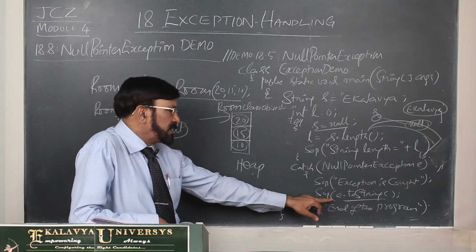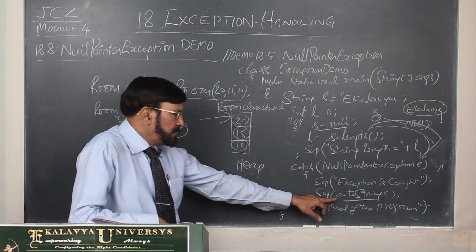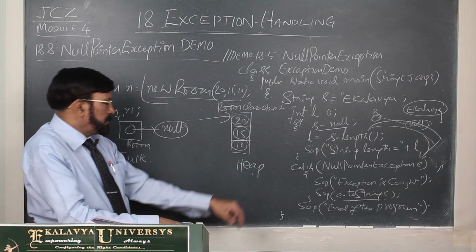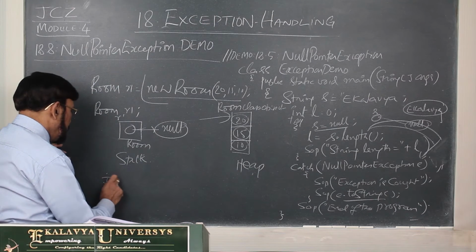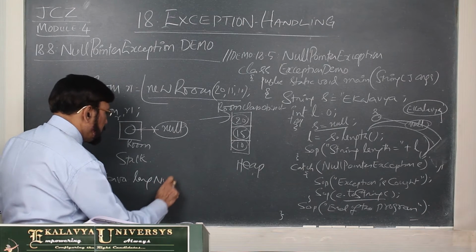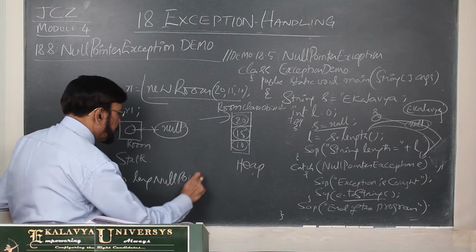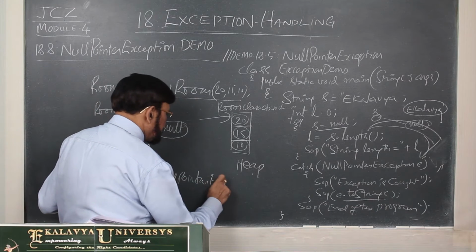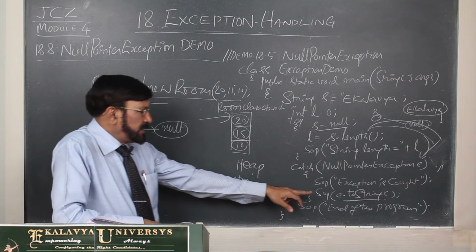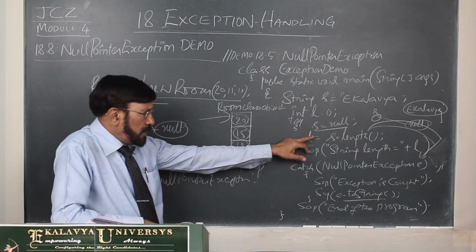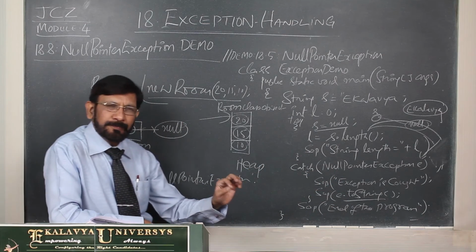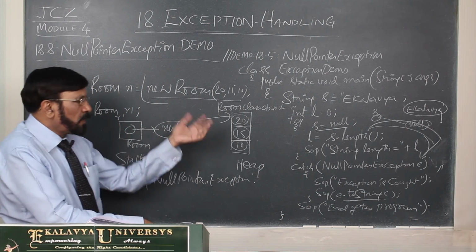As a result, because of SOP, e string and all that, it describes what type of error: java.lang.NullPointerException. Here the specific line is specified, and as a result of the toString it will describe what type of error.